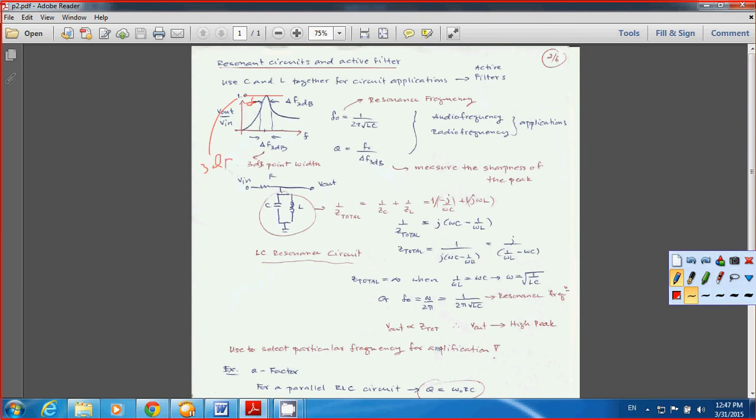You find the 3 dB point is going to have 2 points on the left and on the right of F0, and you can find delta F 3 dB. So it becomes the space here, and that's how you define the Q factor. It actually measures the sharpness of the peak and is used in applications of audio frequency and radio frequency.